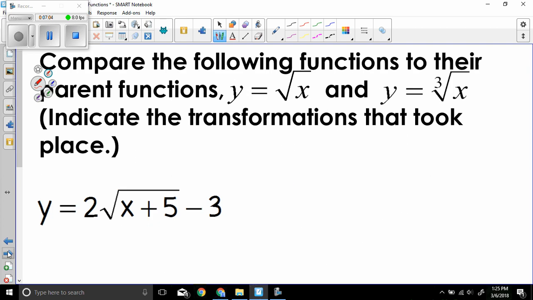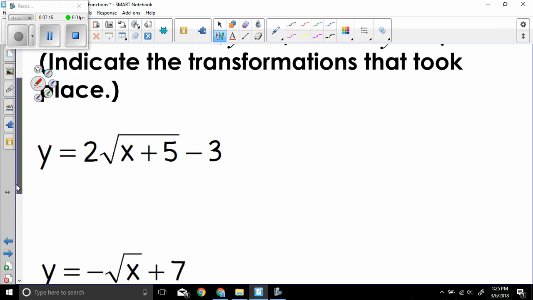Now this one here, it says compare the following functions to their parent functions. Okay? And it says indicate the transformations that took place. Basically what I need to do is I need to talk about every number. Every number needs to be talked about here. So let's start with this 2.